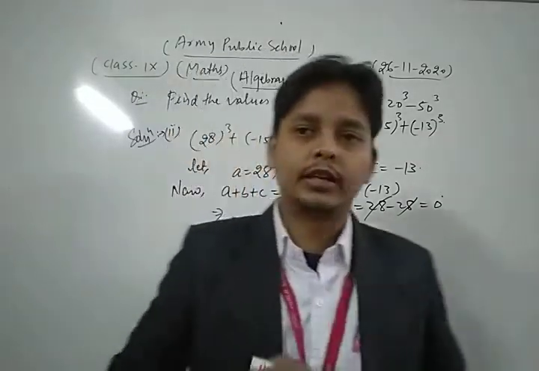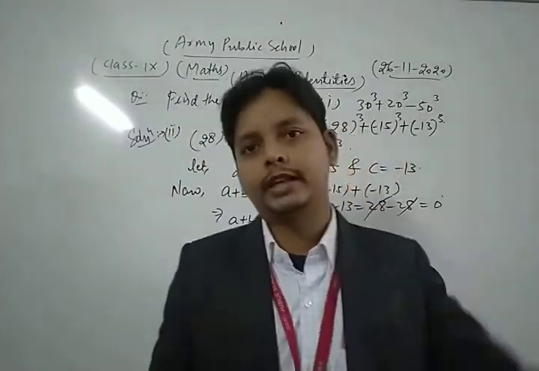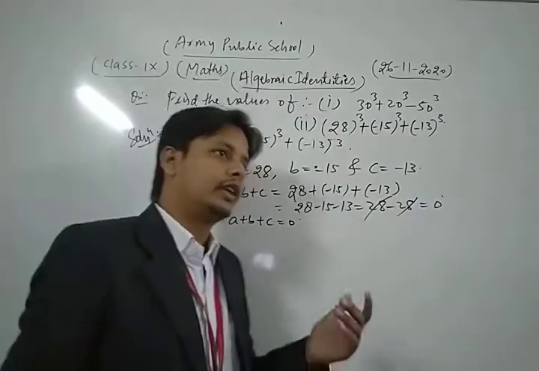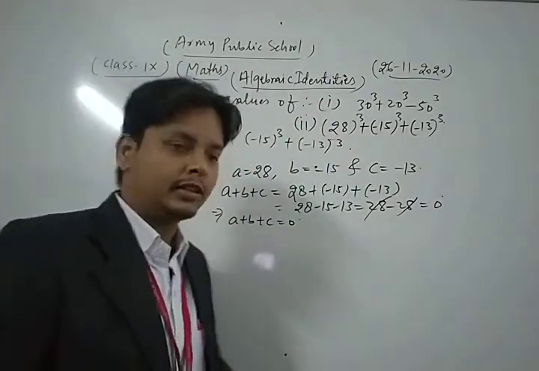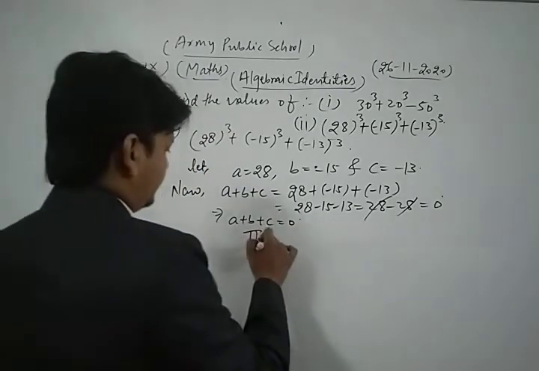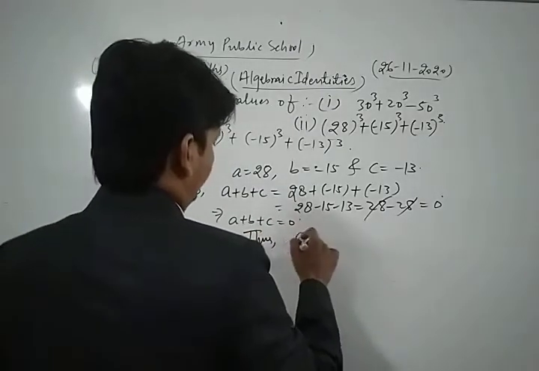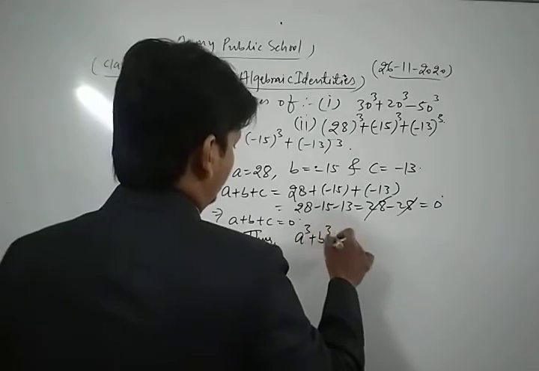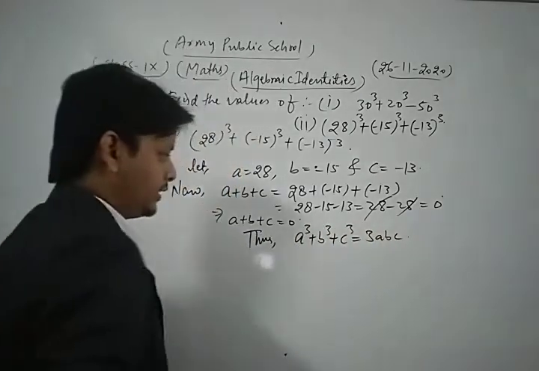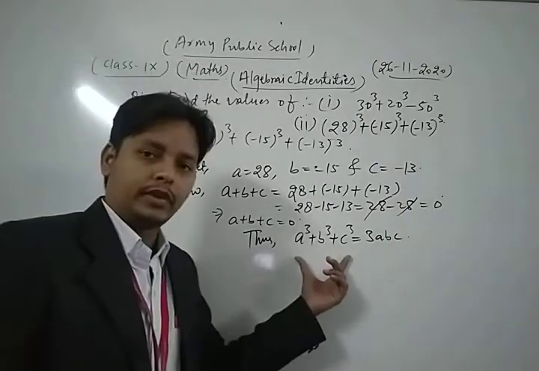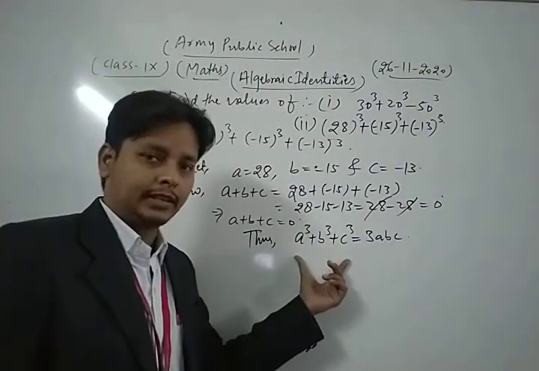Okay, dear students, I just discussed that if the value of A plus B plus C is equal to 0, then we have a very important result. Thus we have the value of a cube plus b cube plus c cube is equal to 3abc. This is a very important result related to the identity.